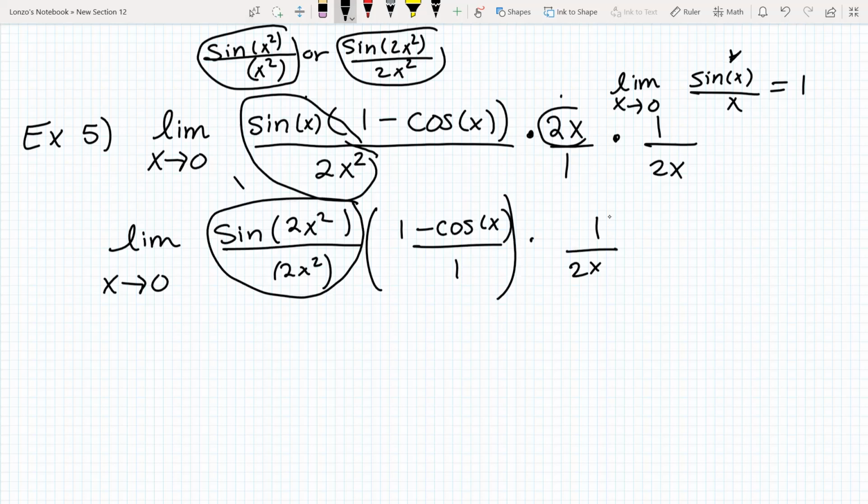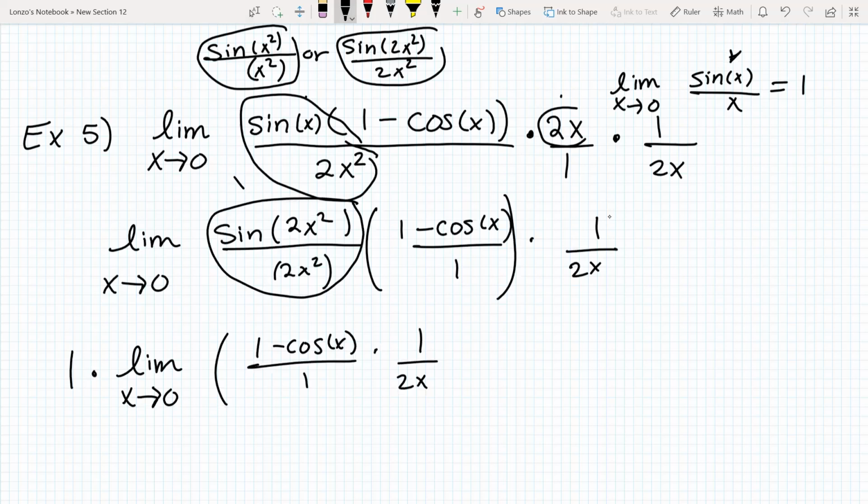So you could put that 1 in front of the limit, so it's 1 times the limit as x approaches 0 of 1 minus cosine of x times 1 over 2x. Now let's plug in our x values.